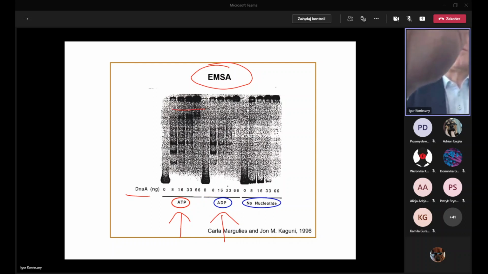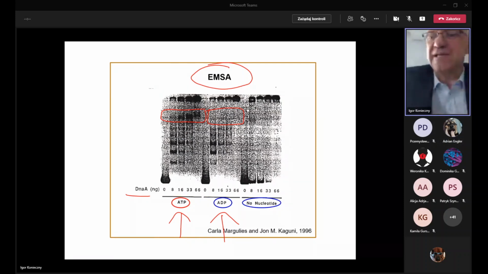We can identify bands of very many molecules of DnaA protein interacting with very many sites on the DNA, but those bands are barely or not present when the protein was incubated with ADP instead of ATP.